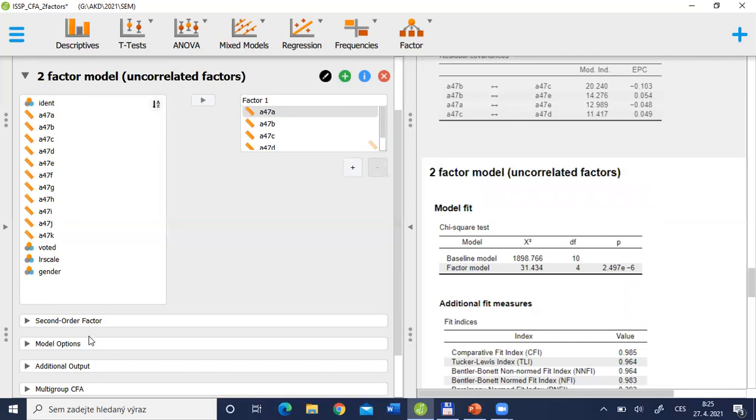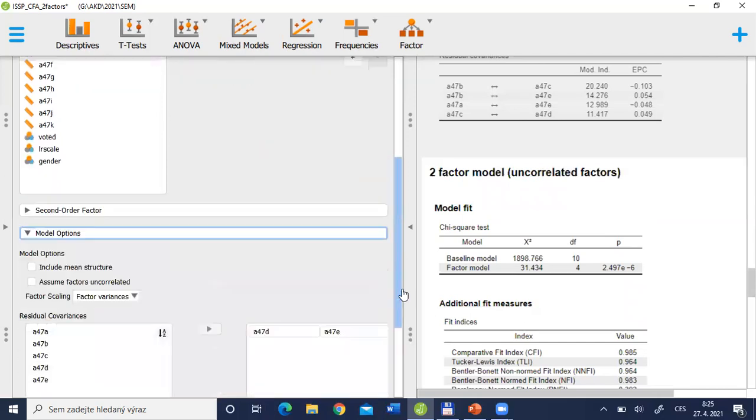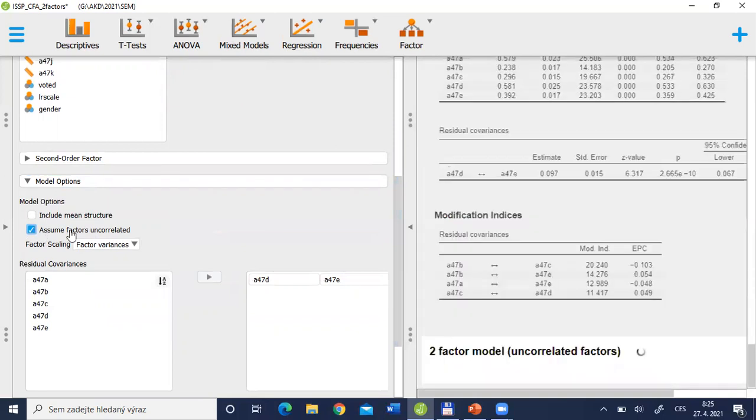So if you go into model options, once again, you can click here to the second option, which is saying, are you assuming that factors are uncorrelated? And I would say yes. So I would check this box, and here I am assuming factors are uncorrelated.